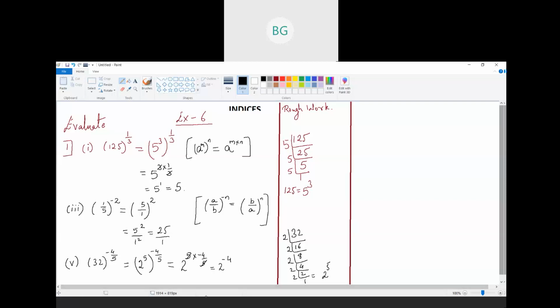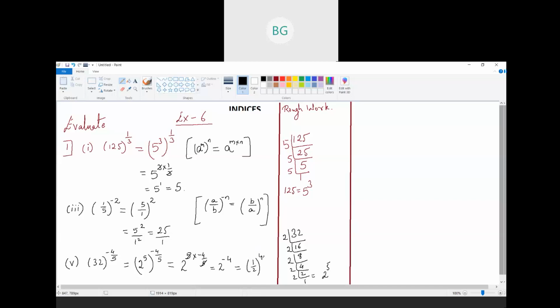Now how do we convert minus 4 to plus 4? By taking the reciprocal. So 2 is written as 1 upon 2, then minus 4 will become plus 4.